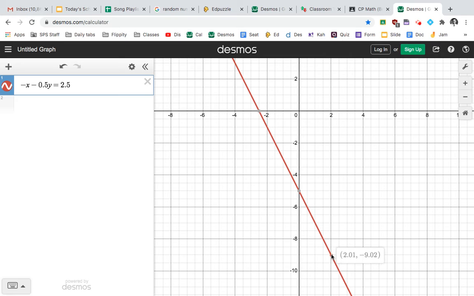Uh-oh, wait. 2, negative 9. Why is my slope different?